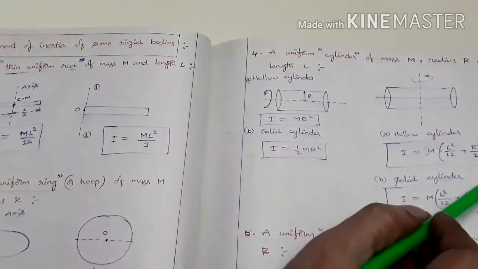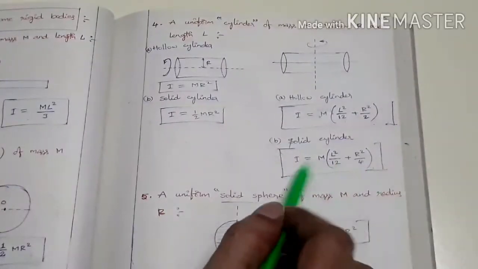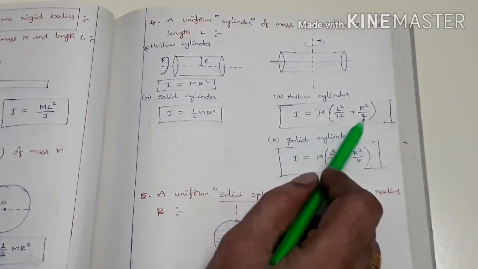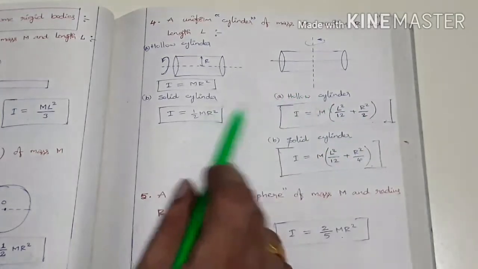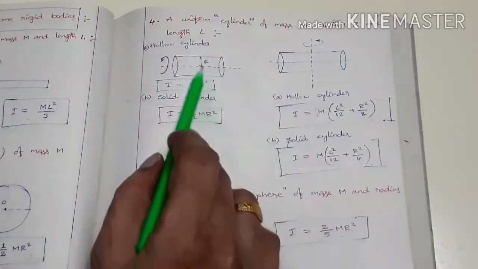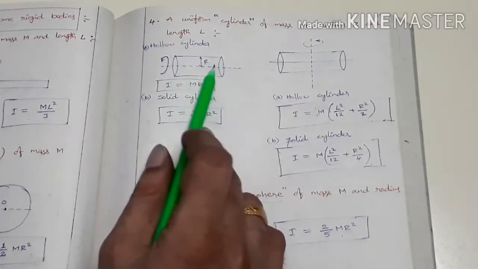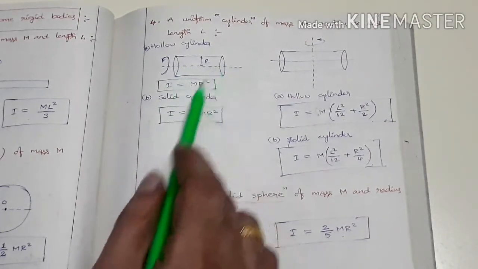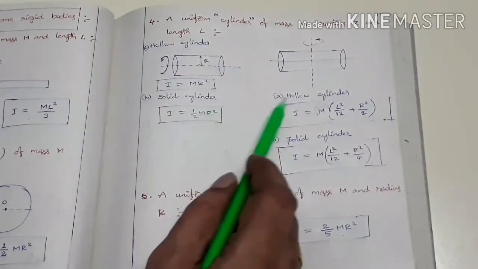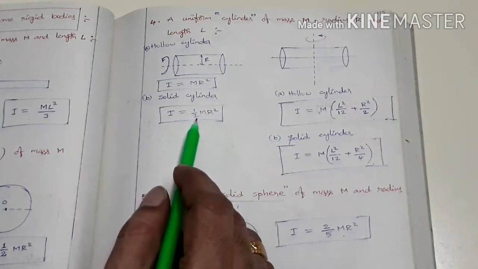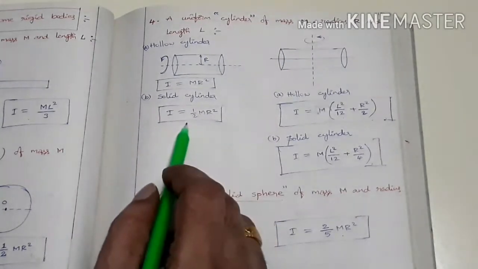So this is a combination: I equal to ml square by 12 plus mr square by 2, half mr square. In that way you can remember these things. So a hollow cylinder means a set of circular rings. Next one is a solid cylinder. You can imagine a solid cylinder to be a set of piled circular discs here.